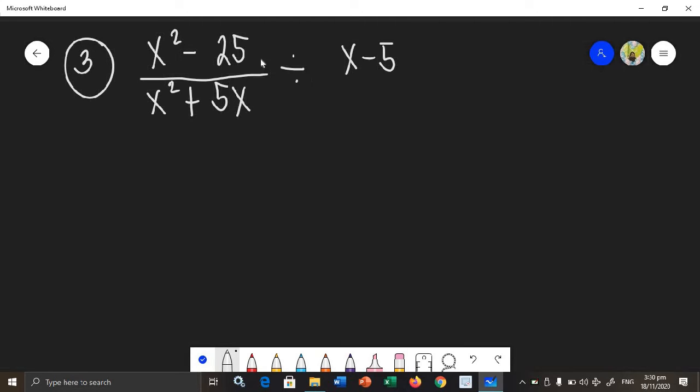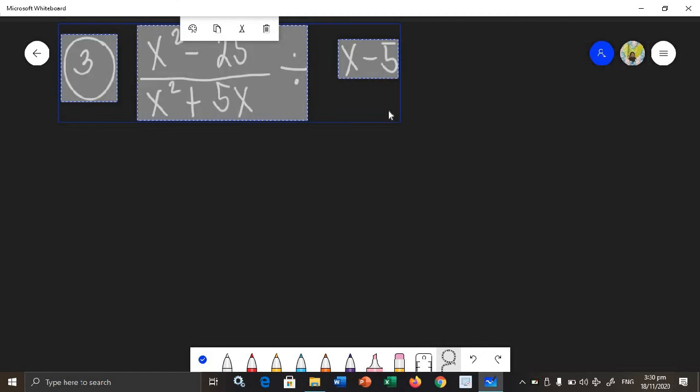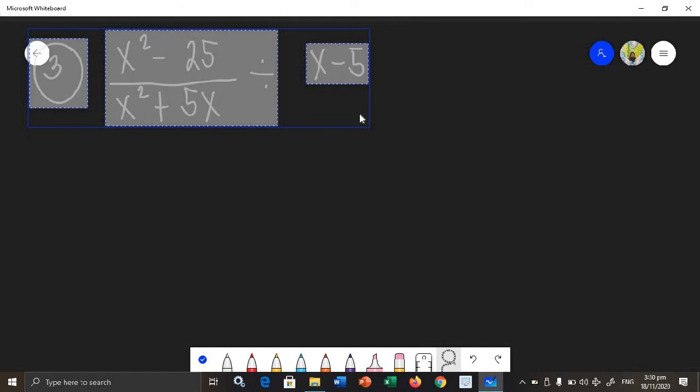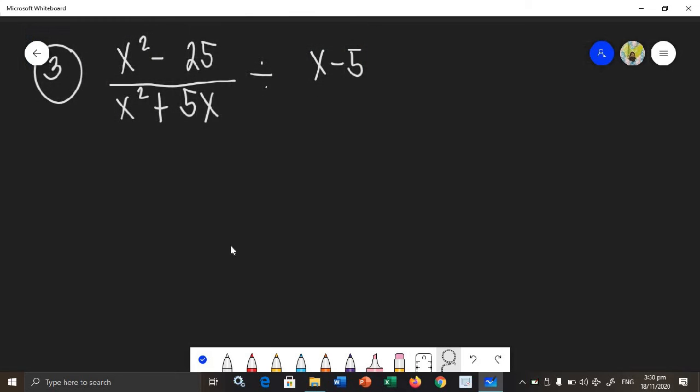So again, first of all, we need to rewrite the given because we need to apply the two rules, which is to find the reciprocal of the divisor and change the operation to multiplication. Okay?